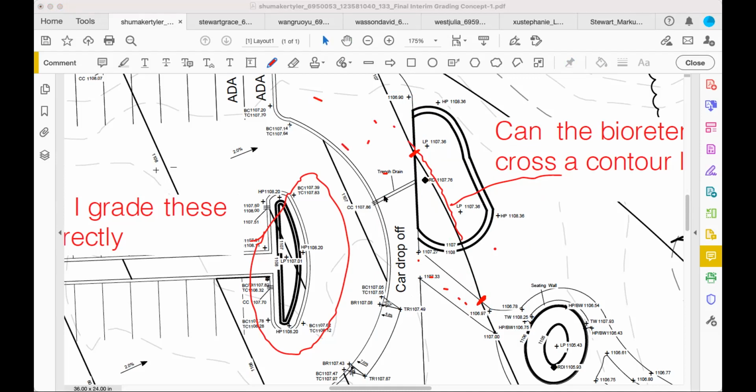Very easy to design, right? Now I can drag that contour to be like this. So then this trench drain would be coming out here, but then you have a slope for the water to flow down.